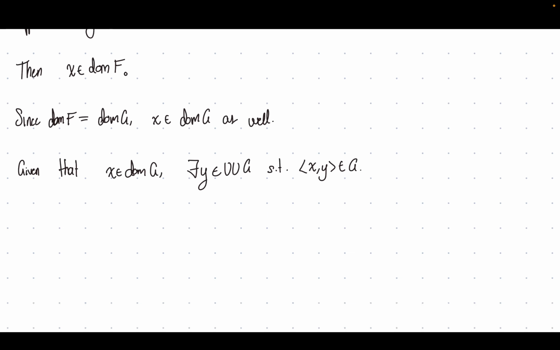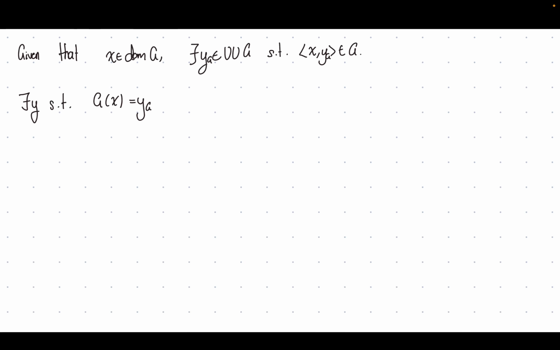Or, in other words, there exists some y such that g of x is equal to y. And you know what? Let's call this y sub g, because if we're treating this in all generality, then it doesn't have to be the same. This is just some arbitrary y that is in g that satisfies this relation, right?